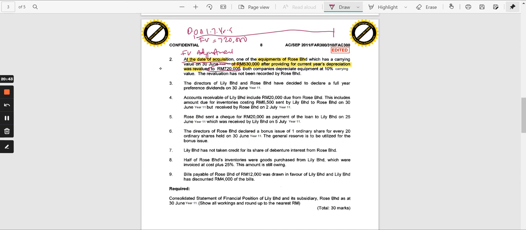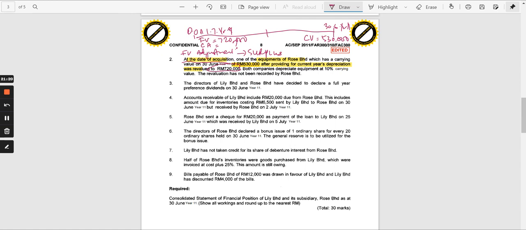And you are also informed that on 30th of June year 11, the reporting date, this carrying value of the asset was 530,000. So this is at carrying value, cost minus the accumulated depreciation. And you need to find out the surplus here by comparing with the carrying amount here. So you need to find out what the carrying amount is so that you can find out what the surplus is. So we'll be doing that.